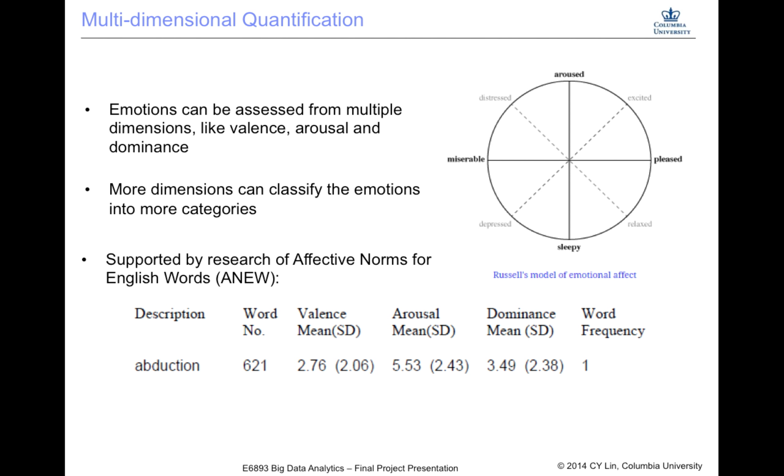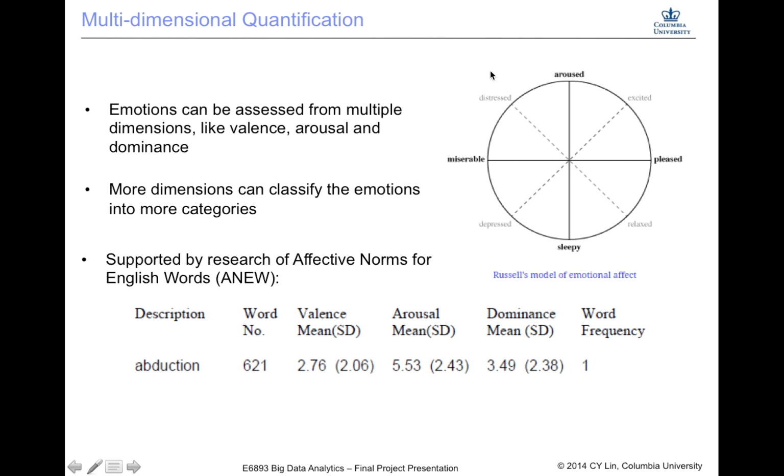One of the highlights of our project is that we do multi-dimensional quantification of emotions. We can see that emotions can be assessed from multiple dimensions like valence, arousal, and dominance. This theory is supported by the research named ANEW, a dictionary that provides the scores of words in multiple dimensions.